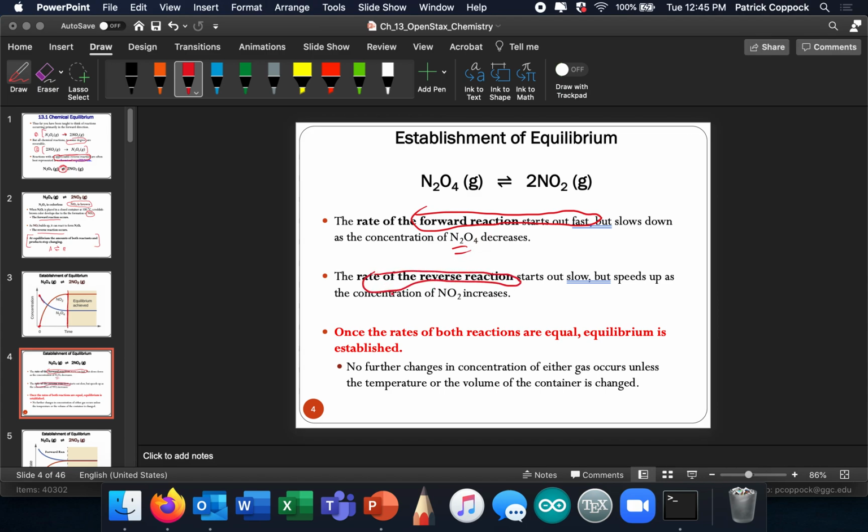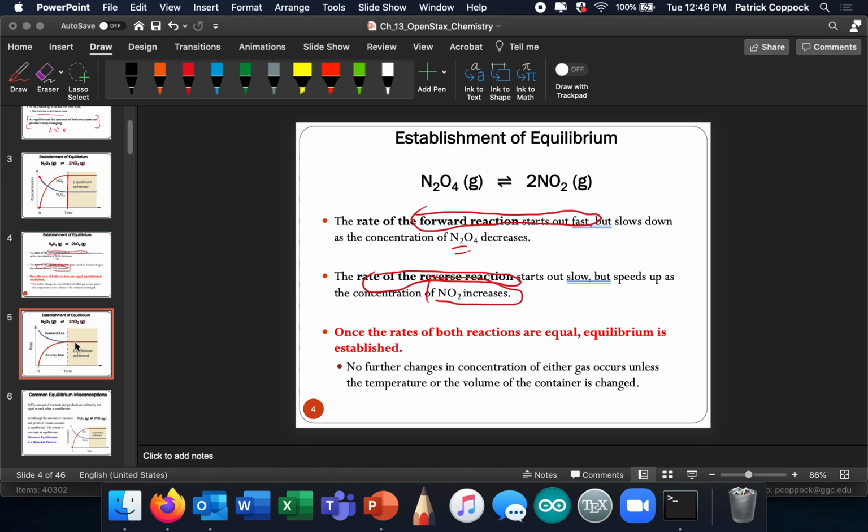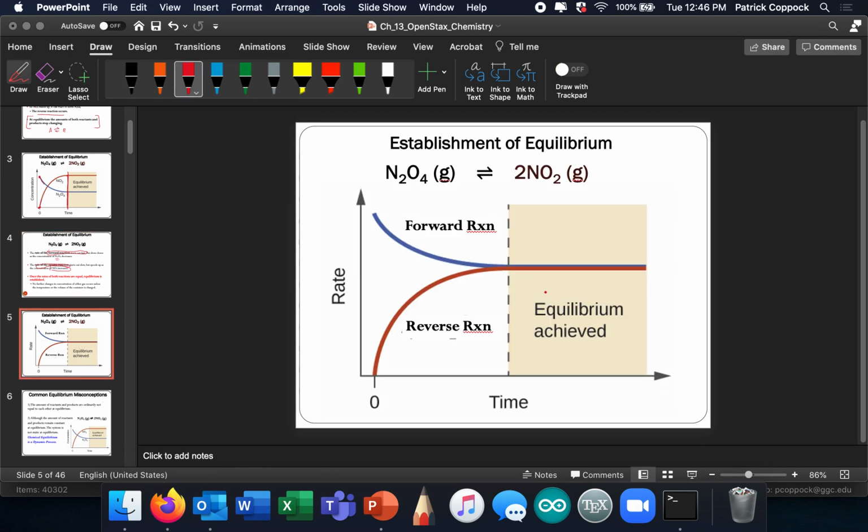It starts out at 0, but it speeds up as the concentration of NO2 increases. Once the rates of both reactions are equal, we say that equilibrium is established. No further changes in the concentration of either gas occur unless the temperature or the volume of the container is changed.